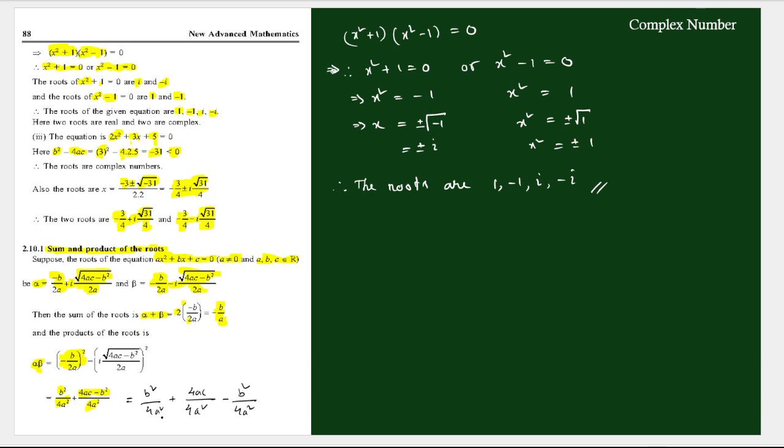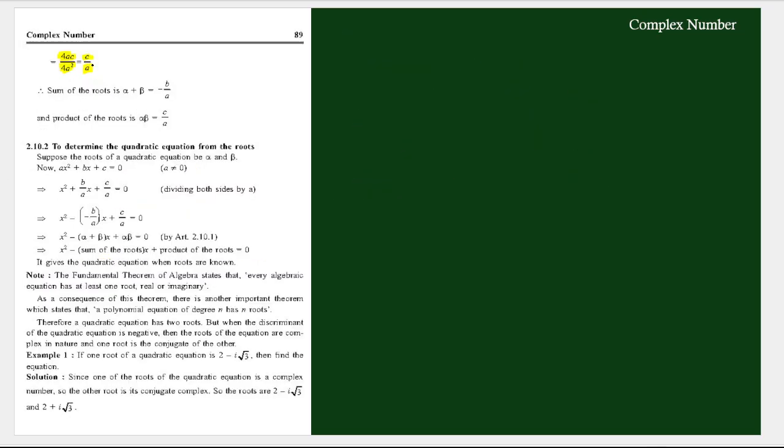Now b square by 4a square plus and this is minus b square by 4a square, so this becomes 0. What remains is 4ac by 4a square, so the 4 cancels and a cancels, and we remain with c by a. So the sum of the roots is minus b by a and the product is c by a. Okay, this is your c by a.